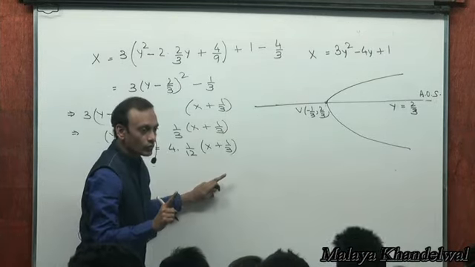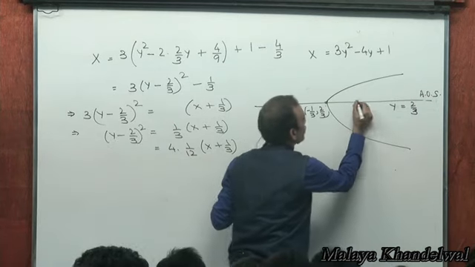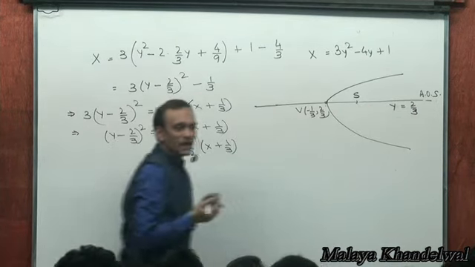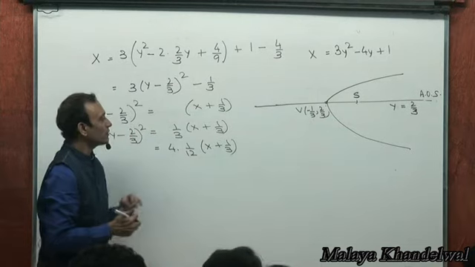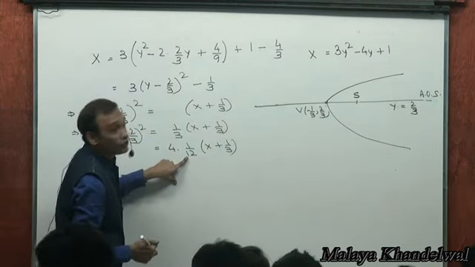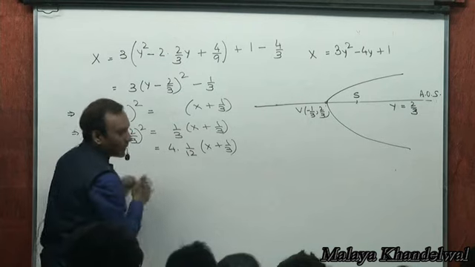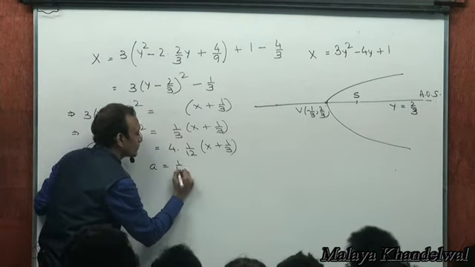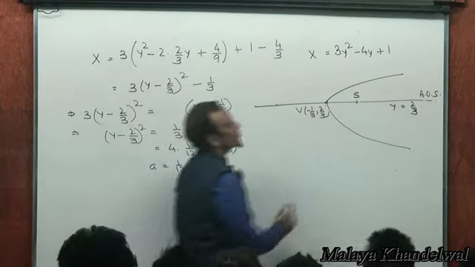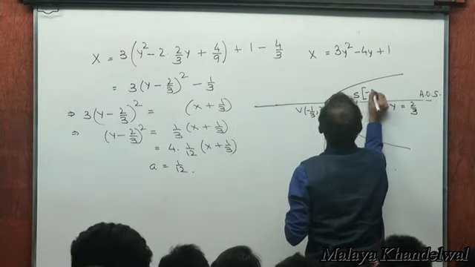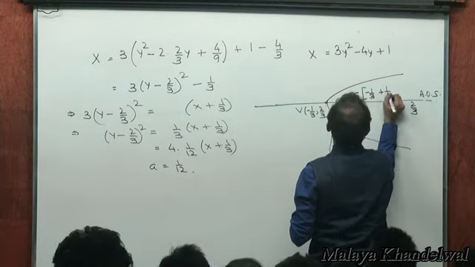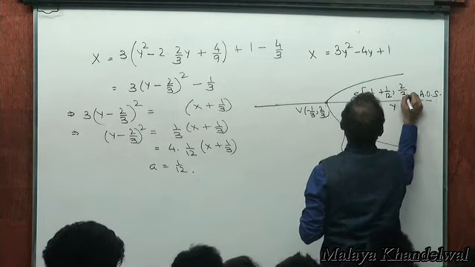Right? The focus would be S somewhere here inside the parabola, right? And it would be a units away from the vertex. A is 1 by 12 for this, right? So, focus would be minus 1/3 plus 1 by 12 comma 2 by 3.